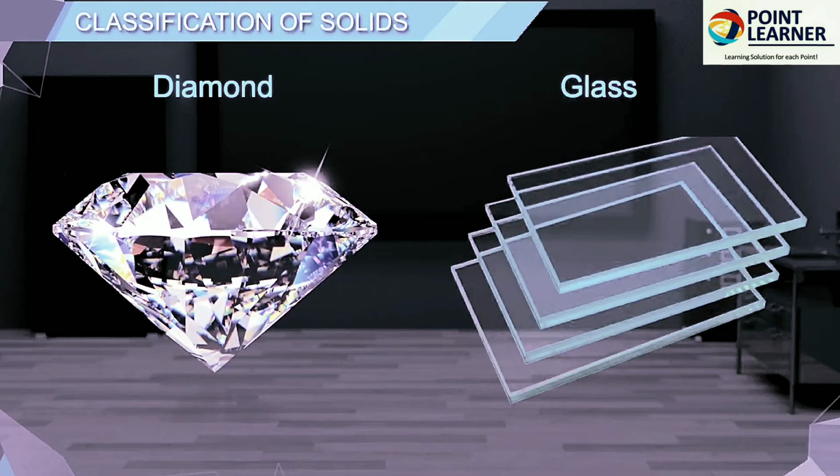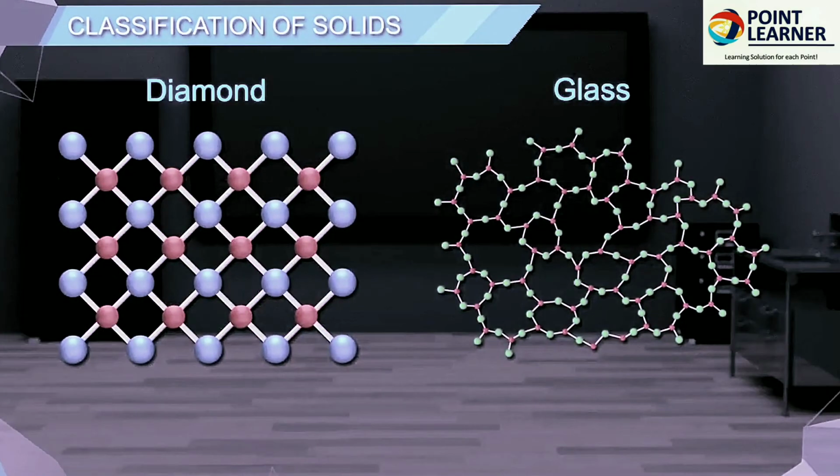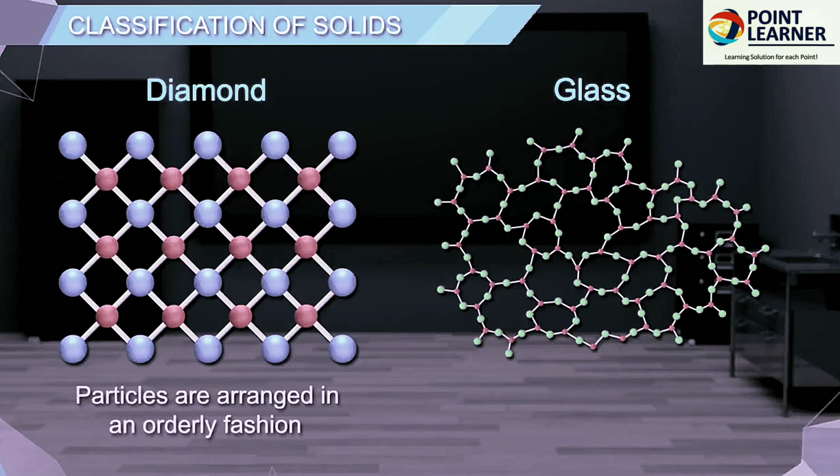Classification of solids. Now, if you look at diamond and glass, we can see that both are solids. But if you look at them at the microscopic level, we can see that there is a difference in the arrangement of constituent particles.